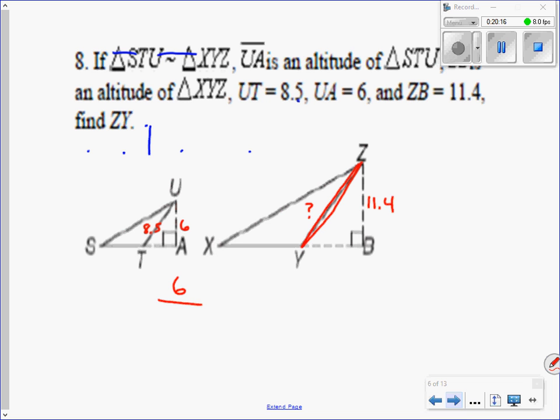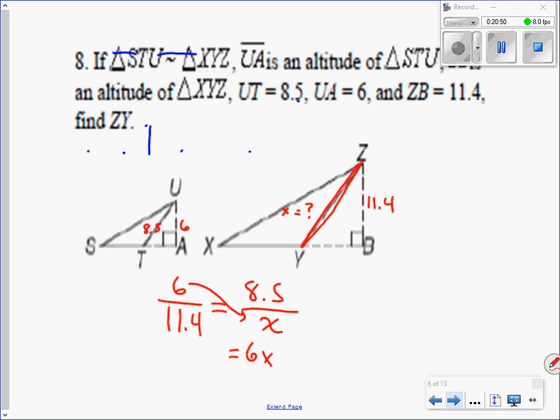So 6 is to 11.4, those are the altitude lengths, as, and I'm not going to try to reduce it, it won't reduce to decimals, we're just going to go straight into cross multiplying. Let's call it X. So you're going to get some decimals. Just go through the same process. Just going to have to use your calculator.